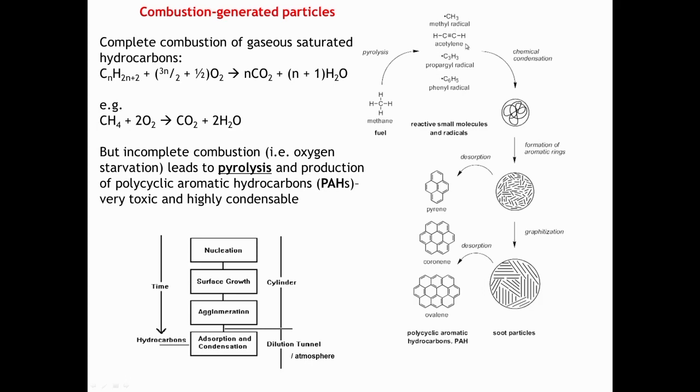Now the methyl radical, acetylene, propargyl radical, phenyl radical, etc., they can condense and they form aromatic compounds and polycyclic aromatic compounds. And are these gases or particles? Are these condensed or are they gases?